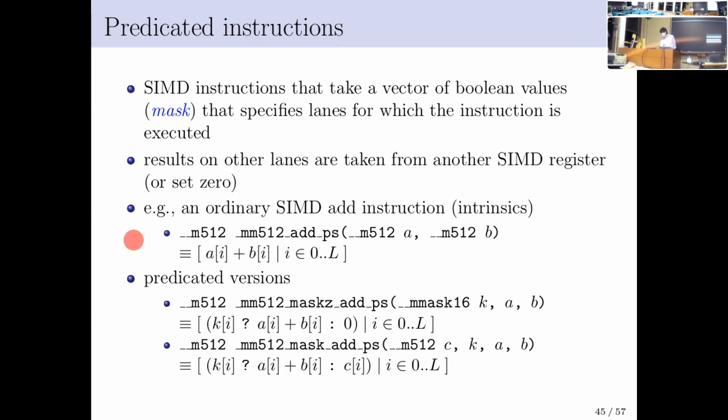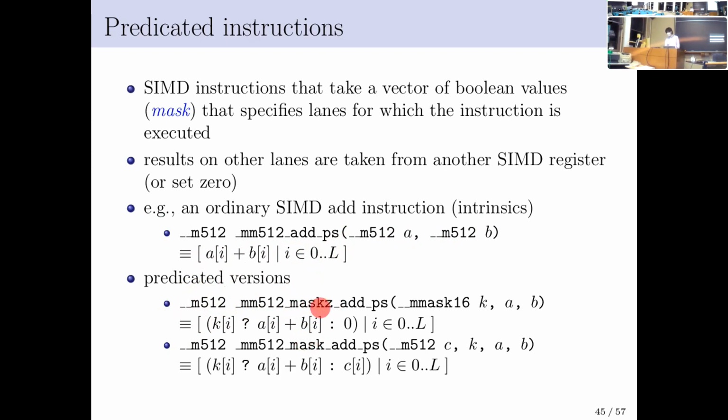So this is a contrast between the ordinary SIMD instruction and the predicated versions. This is the non-predicated version: an ordinary add instruction that takes 2 vector values, and this ends up as a_i plus b_i for each lane, right? But for the predicated version, there are actually 2 predicated versions. One is called mask Z, and the other is simply mask.